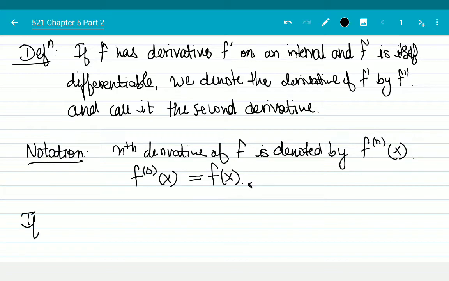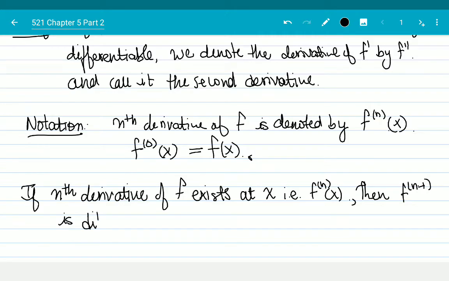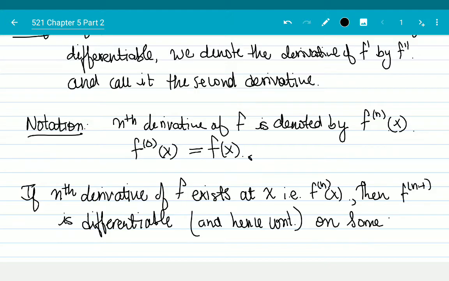So if the nth derivative of f exists at x, then f to the n minus 1 is differentiable and hence continuous on some interval around x.